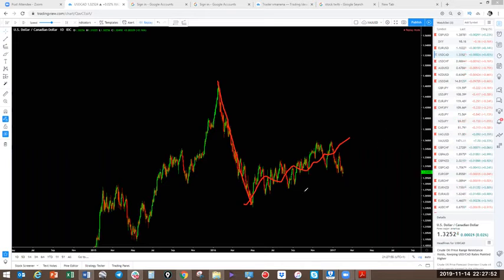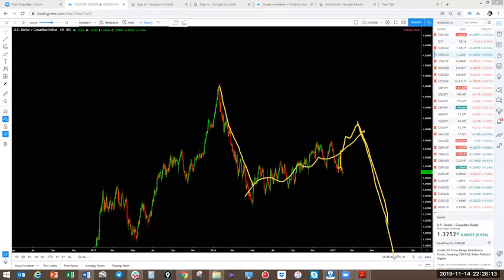Now, what we do here is to try and understand the corrective structure here. This is our corrective structure. And it looks very complex, but if you get it right and you understand the end of this correction, then you know that you're going to get this. It starts with this, there's a correction, and you want this to continue lower.